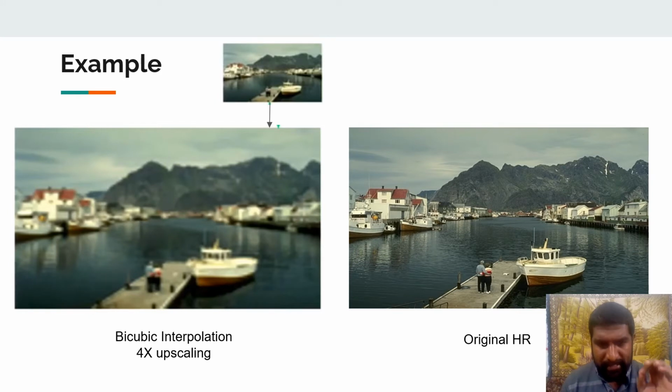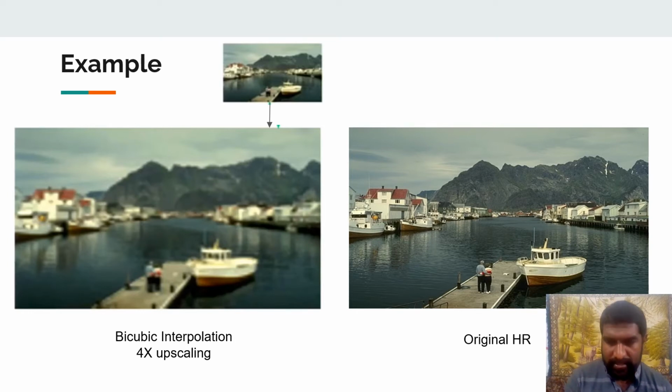Something very simple that we can do is to apply a fixed upscaling filter such as the bicubic interpolation filter. But as you can see, the results are not that good. The image is still blurred and we can't figure out which is which. So that's not a really successful filter.